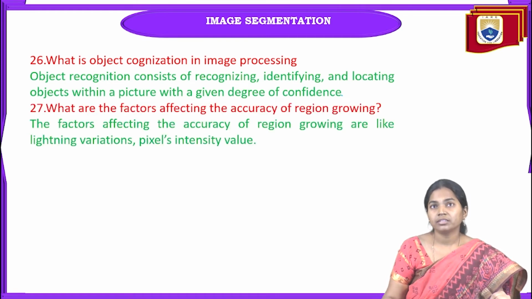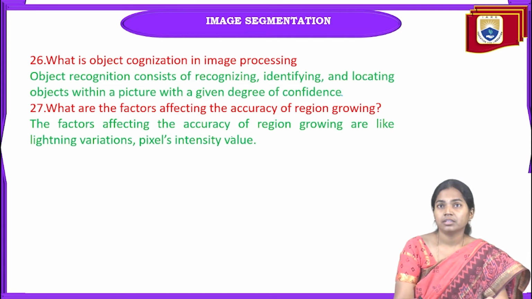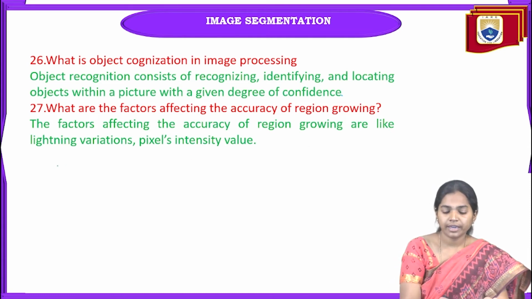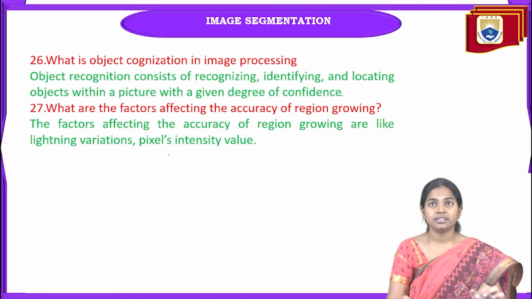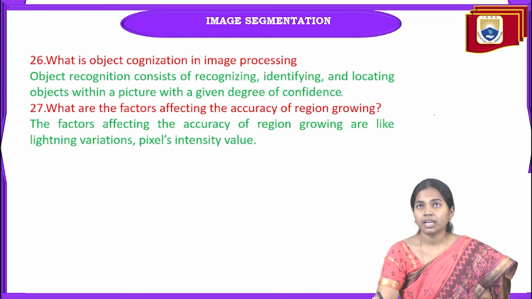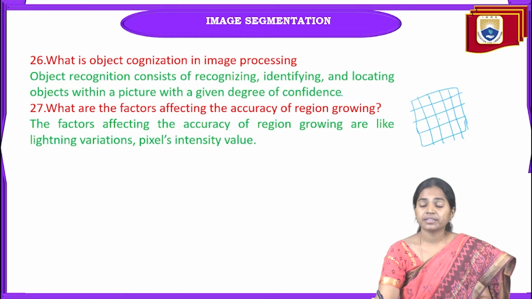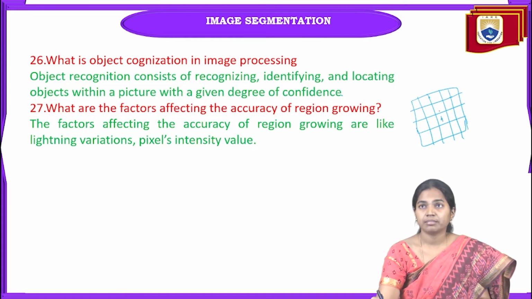And what are the factors affecting the accuracy of region growing? Here, the factors affecting the accuracy of region growing are lighting variation and pixel intensity value. In this region growing technique, pixels whose values are the same are added one by one, and the region increases. In this image, this pixel value is the same.